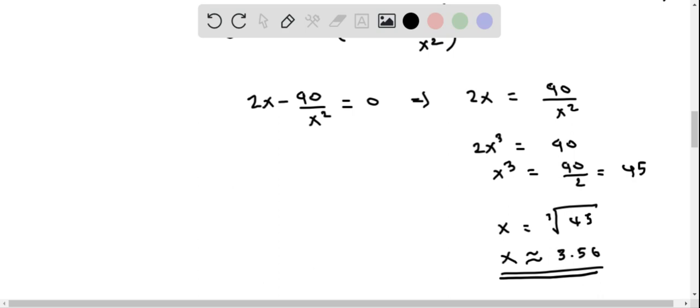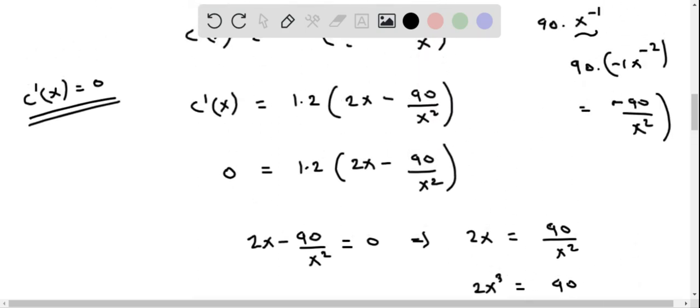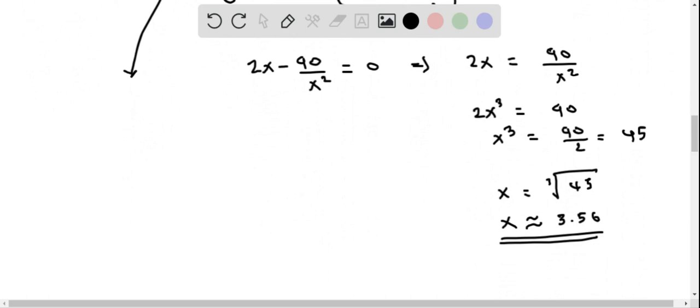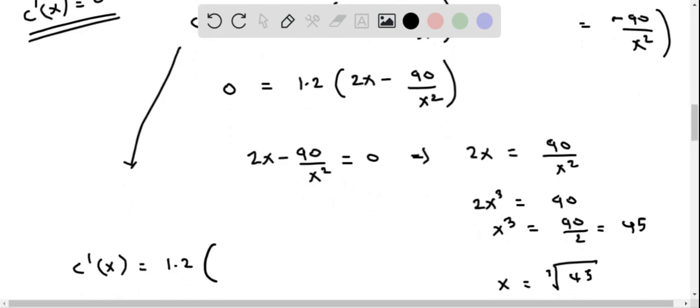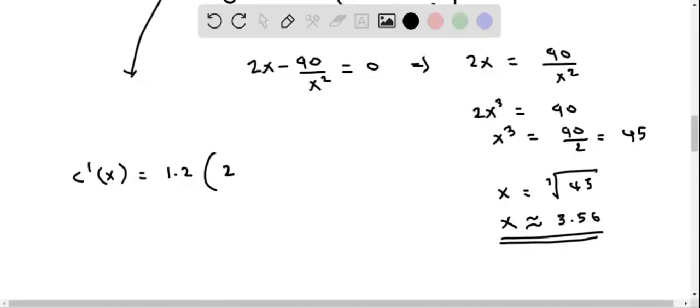Now we will verify whether at this critical point the cost is minimum. And for that, we should find the second derivative. So let's find the second derivative of the cost function. So let me copy the first derivative, that is c prime of x equals 1.2 times 2x minus 90 by x squared.